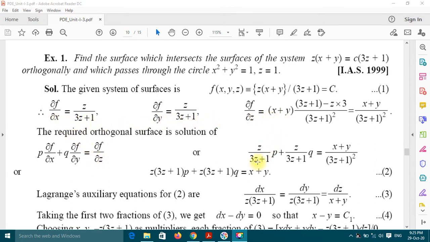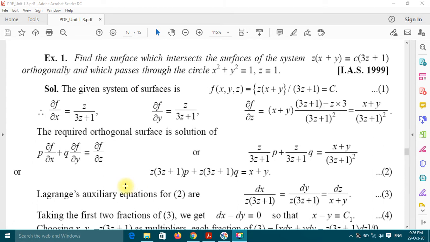We get z/(3z + 1) p + z/(3z + 1) q = (x + y)/(3z + 1)². After simplification, we get z(3z + 1) p + z(3z + 1) q = x + y. This is our required orthogonal surface equation, which intersects the given system of surfaces.